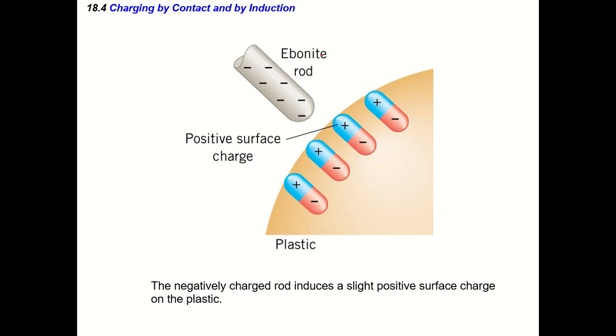So the result is that it will induce a slight positive surface charge on the plastic. So this is an example of charging by induction. Charging by contact and induction.